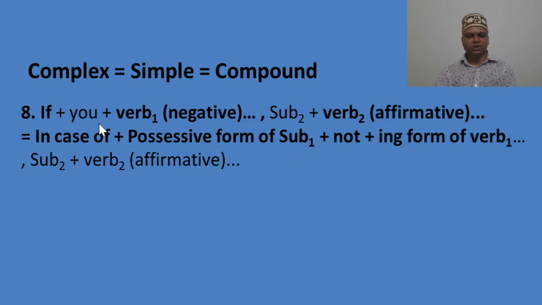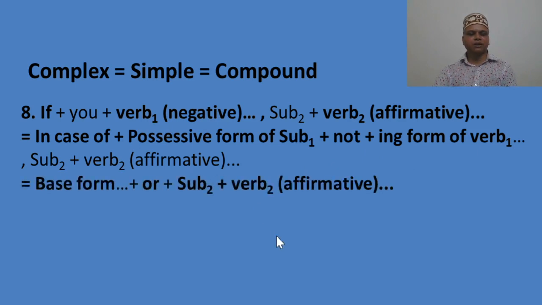Here subject 1 is you, then we have to use not, ing form of verb 1, and rest of the sentence, and the principal clause will be the same. And if you want to make it a compound sentence, look at the structure. We have to use base form, not negative form, base form, and rest of the sentence and principal clause will be joined by or. We have to use or as a coordinating conjunction.